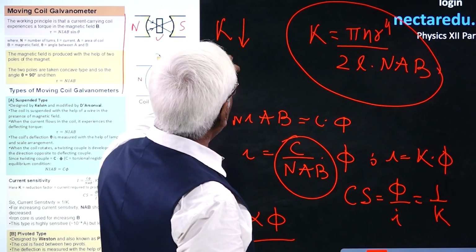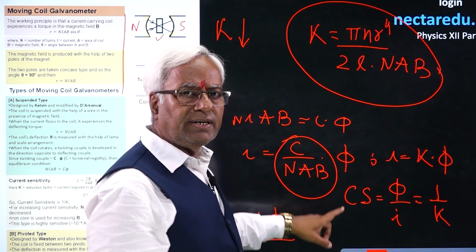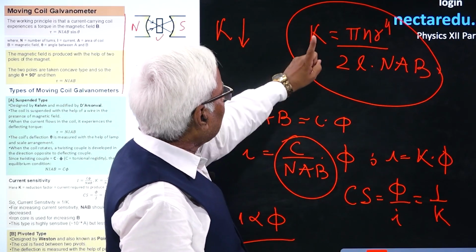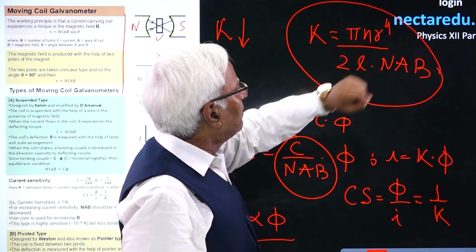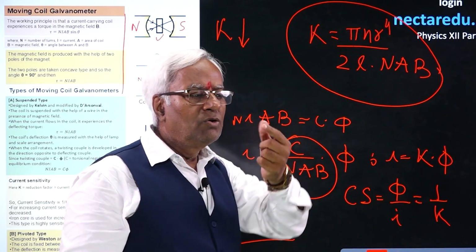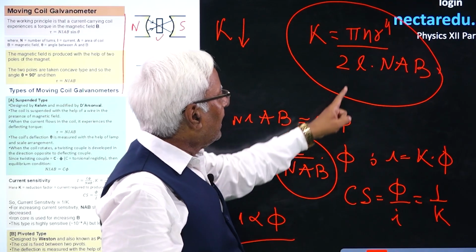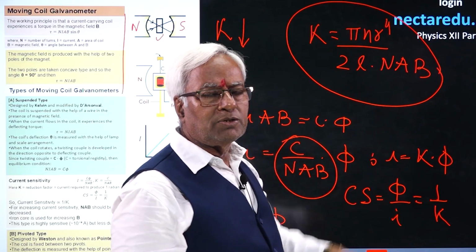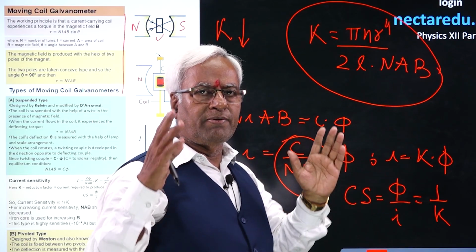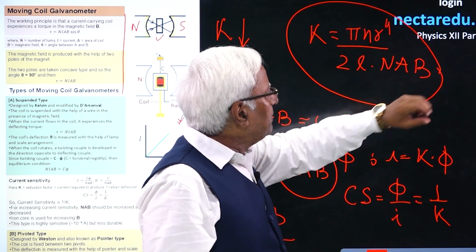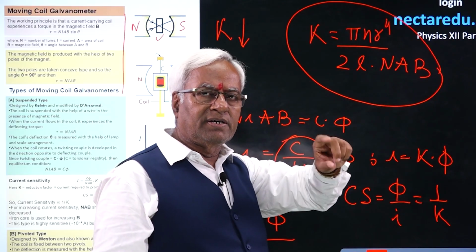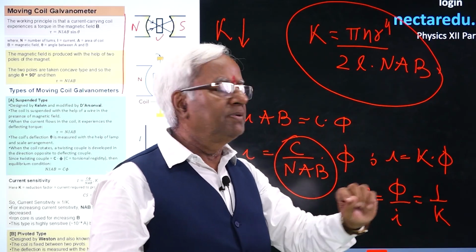You want a smaller value of K for increasing current sensitivity, and for a smaller value of K, you see, radius should be small. What does it mean? Wire should be thin. Length should be large. That means long and thin wire will be preferred for suspending the coil. N, A and B should also be greater for greater current sensitivity.